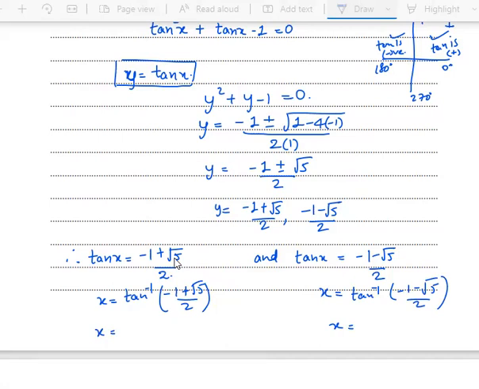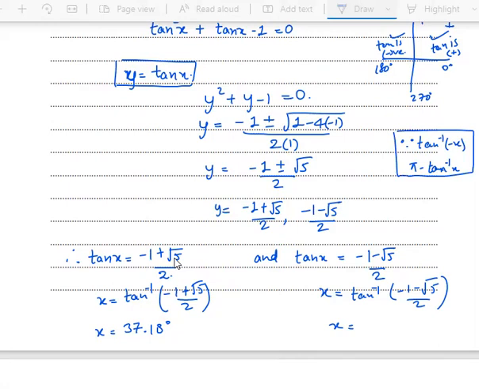So for tan inverse of this thing, you'll get 37.18 degrees. Here this negative you can take common, then tan inverse of minus theta is pi minus tan inverse theta. We'll be using this result.